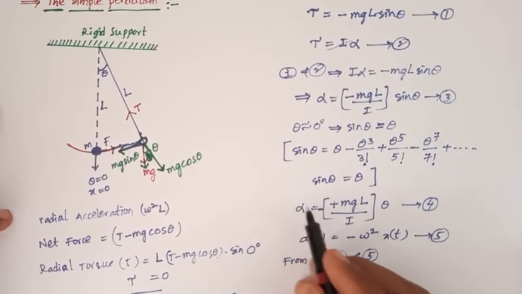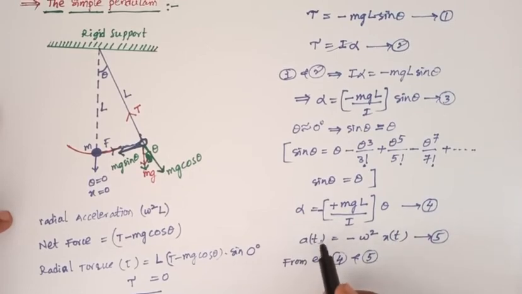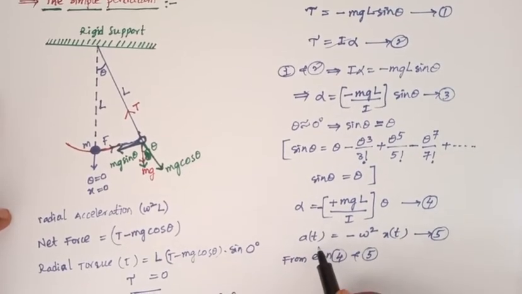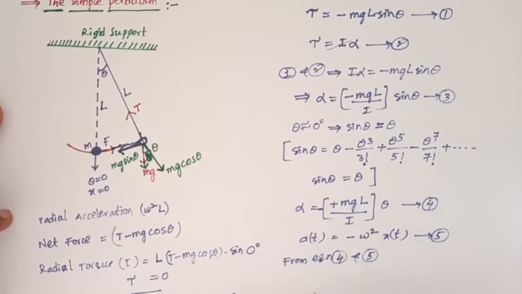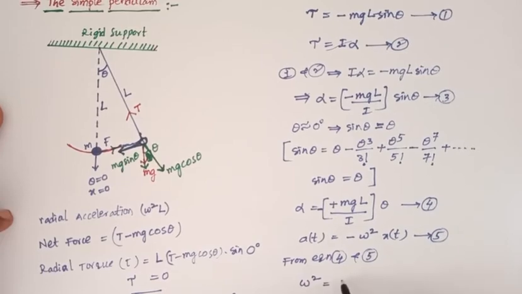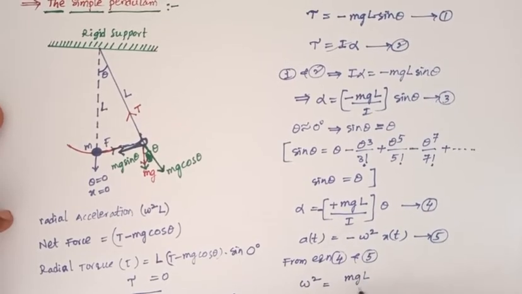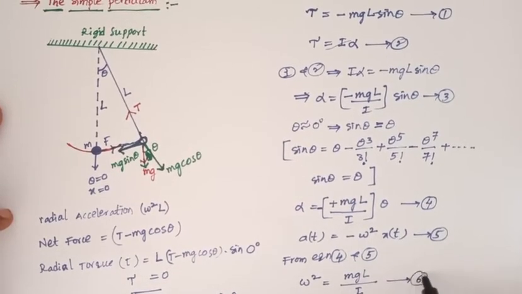Angular acceleration and linear acceleration are both simple harmonic motion. So we can equate, and this term omega square equals mgl by I. So this is equation number 6.